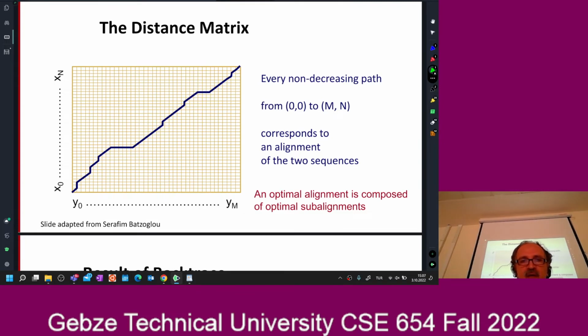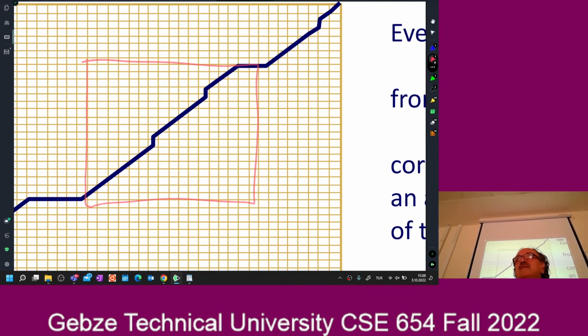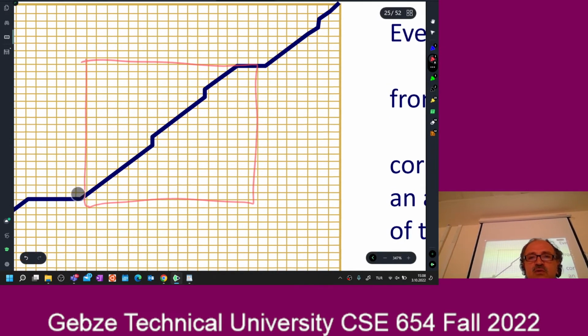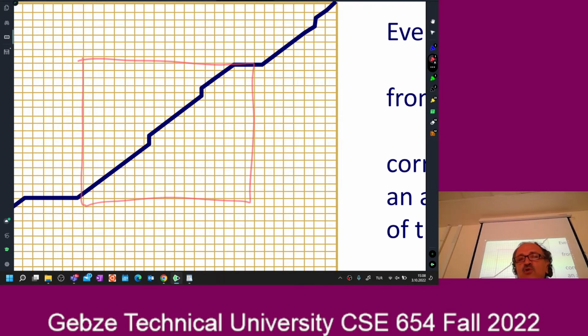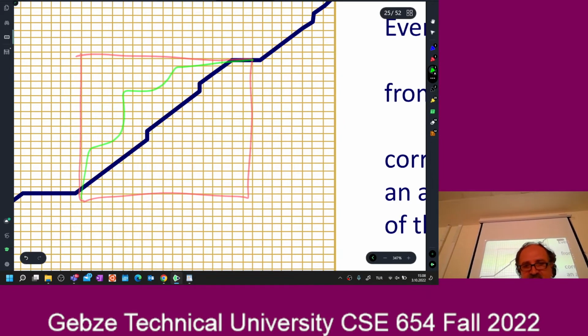If we look at this part, from this corner to this corner, there is no better way of going from this corner to this corner. At most you can do the same. So if you find a path like this, this green cannot have a lower value than the black one. So this is the optimal path inside this red rectangle.